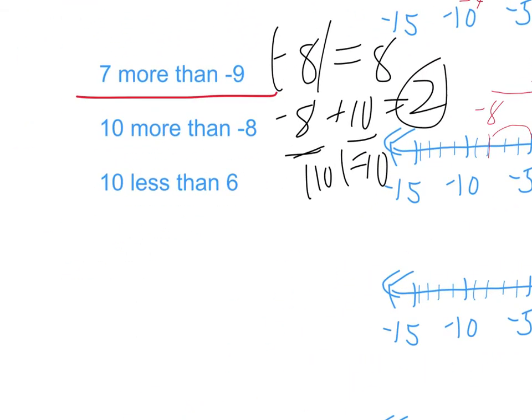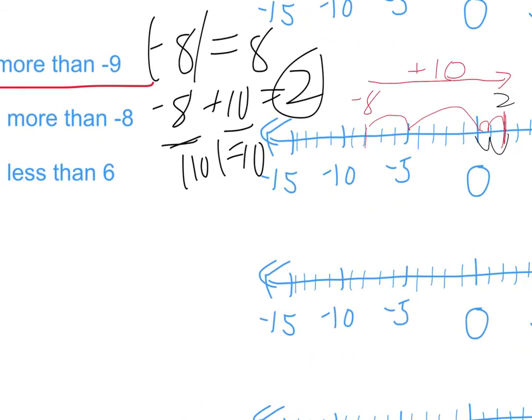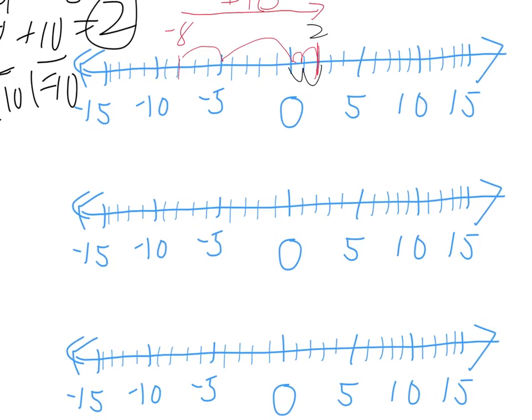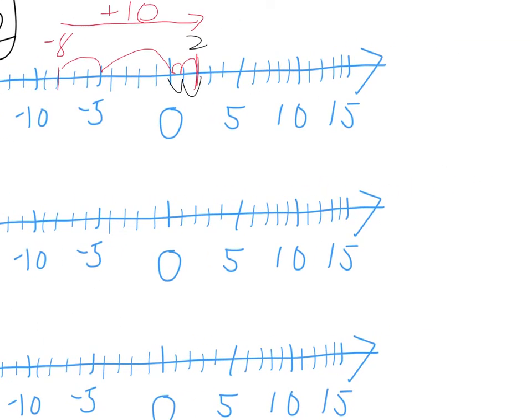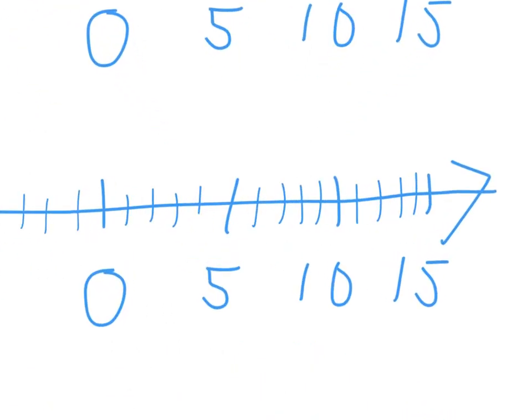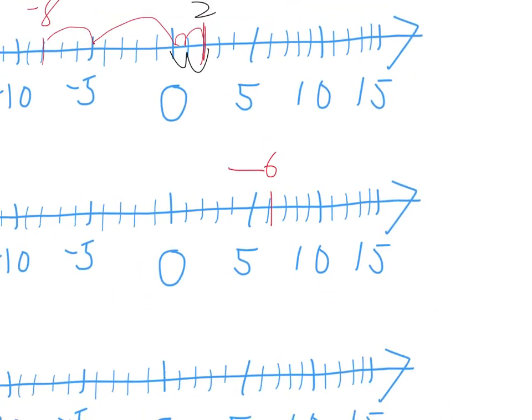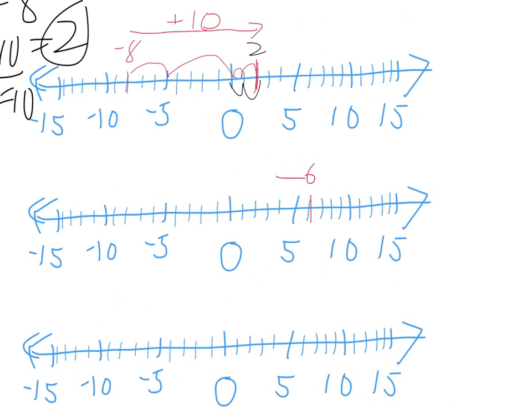Okay, 10 less than 6. In this example, we're actually going to start on the positive side of the number line, at 6. We're doing 10 less than, so in this case we're going to point backwards. Going backwards 10.